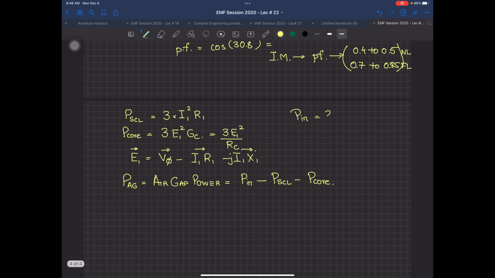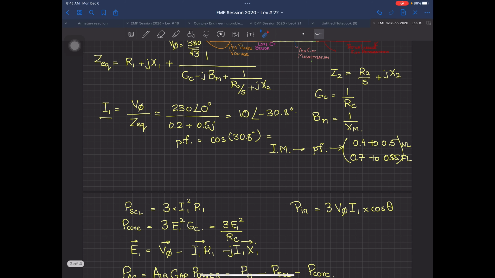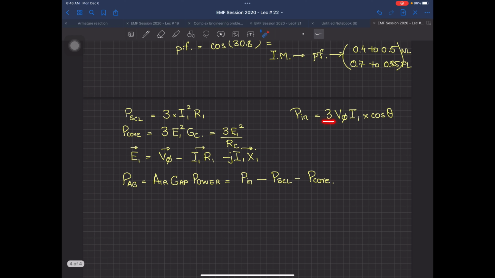So this will be 3 into V phase into I1 multiplied by cos of theta. The angle theta is this same angle which we have found out over here. So don't make this mistake. Don't miss this 3. Don't miss this cos of theta. This will be your input power: phase voltage multiplied by I1 into cos of theta into 3.